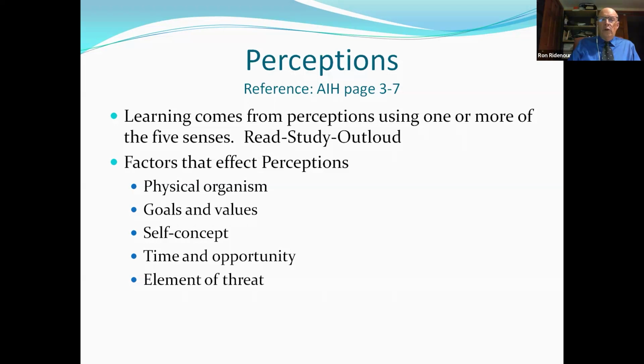But we older folks have more experience to rely on when we perceive things. We have some experience that we can rely on to help us make decisions after we get those perceptions.